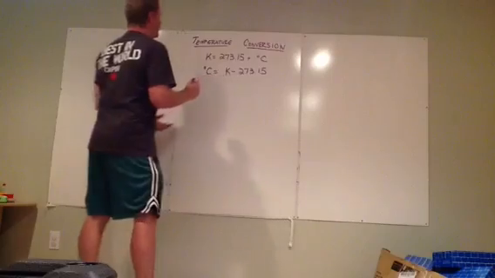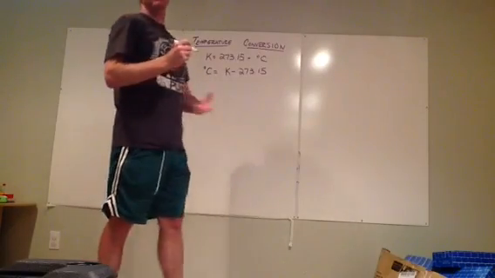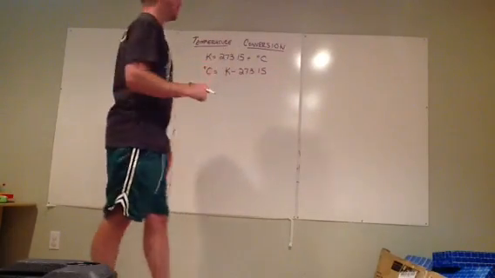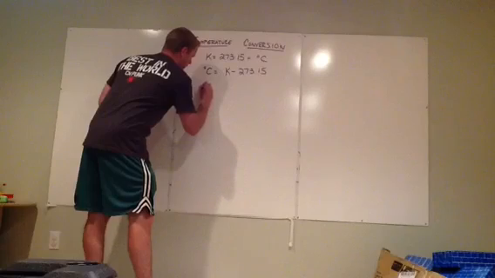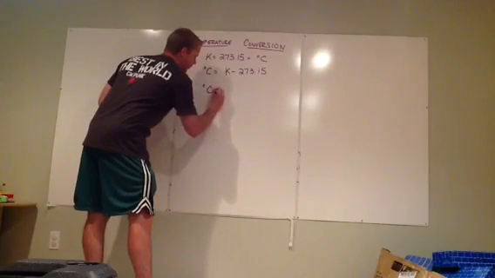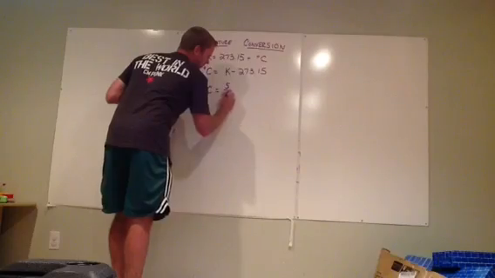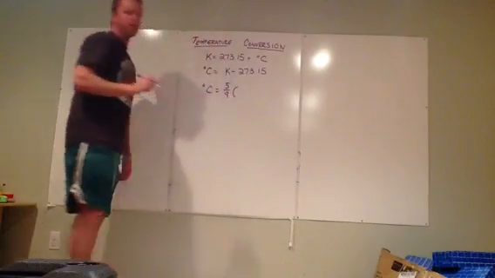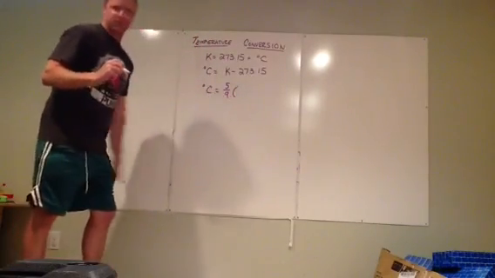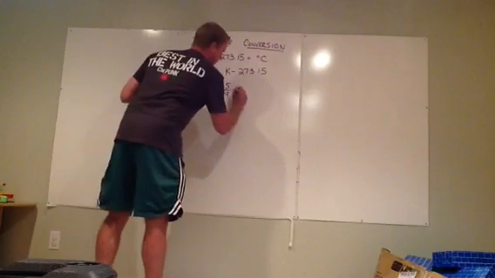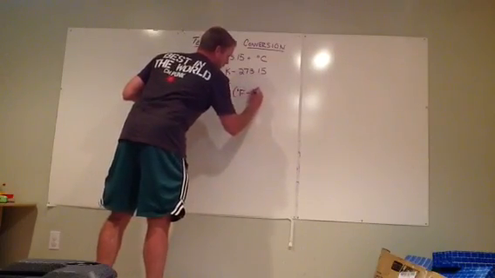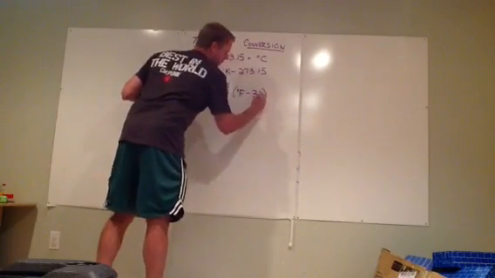Now, there's a couple of other equations because we want to be able to convert between Celsius and Fahrenheit themselves. So the next one is degrees Celsius is equal to 5/9 times, and this is really important, you got to put parentheses here, degrees Fahrenheit minus 32.